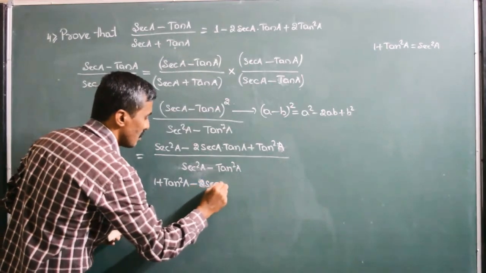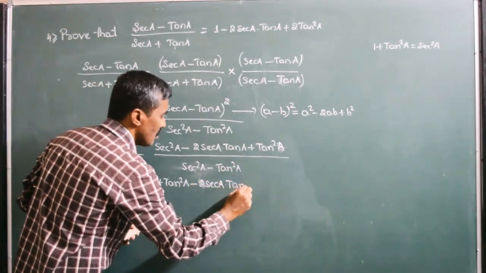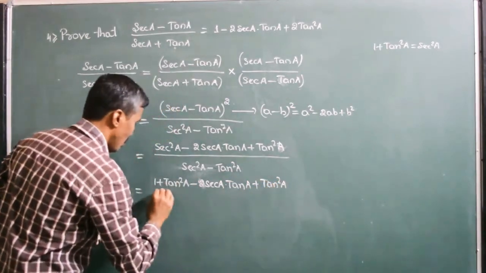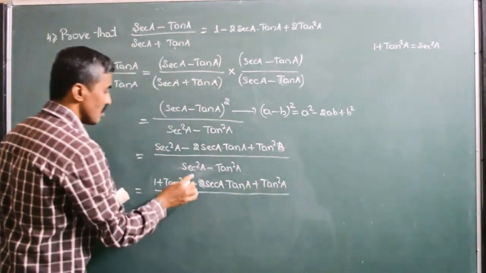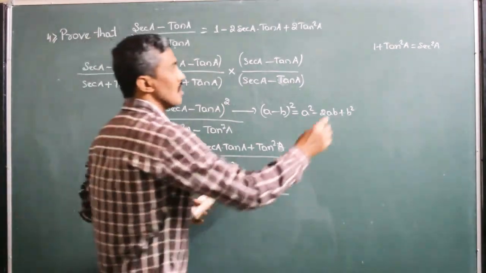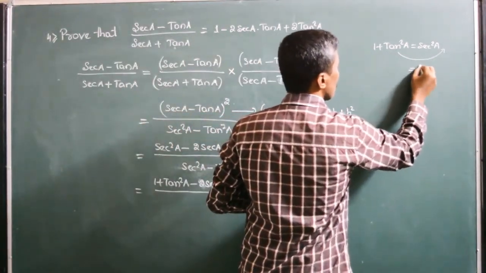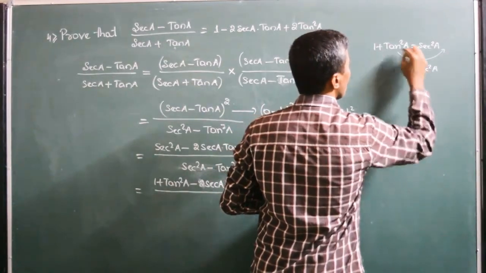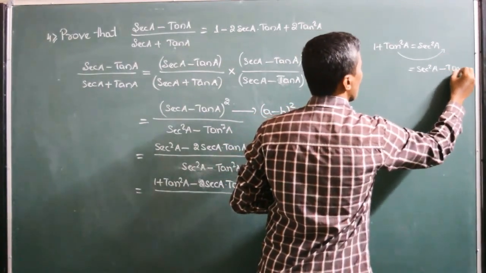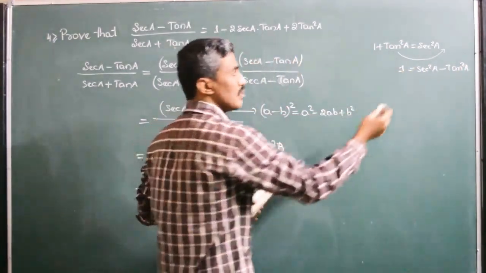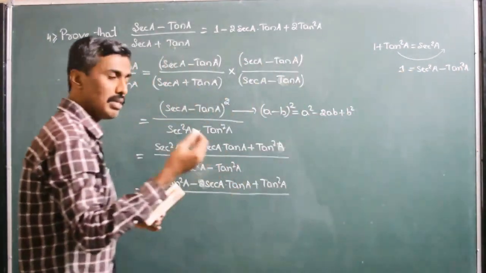Minus 2 secant a into tan a plus tan square a whole divided by, what is secant square a minus tan square a? Suppose if I transpose the tan square a to that side, secant square a minus tan square a, what is left on the left hand side? It is 1. So therefore secant square a minus tan square a is equal to 1.